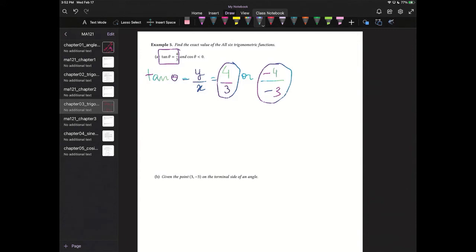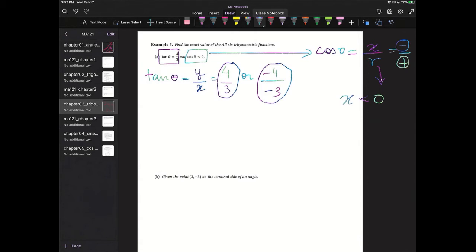I also have the other information that cosine is negative. Now, what does it mean, cosine being negative? Cosine, by definition, is x/r. R is always positive. And if cosine is negative, it means that the x value has to be negative. So I know from the second piece of information that x is negative.